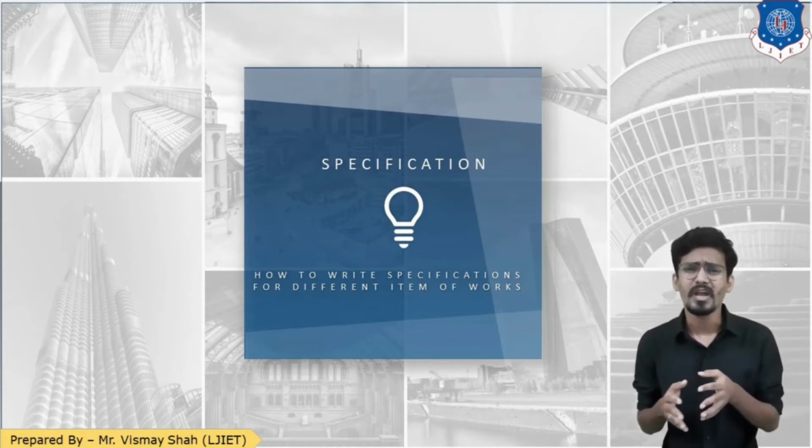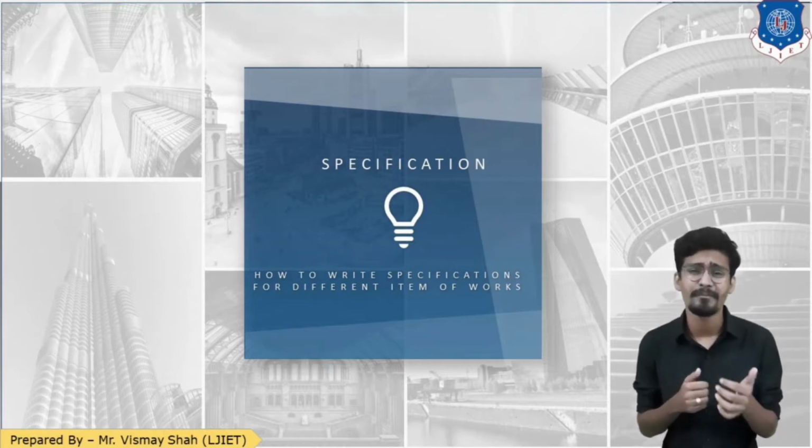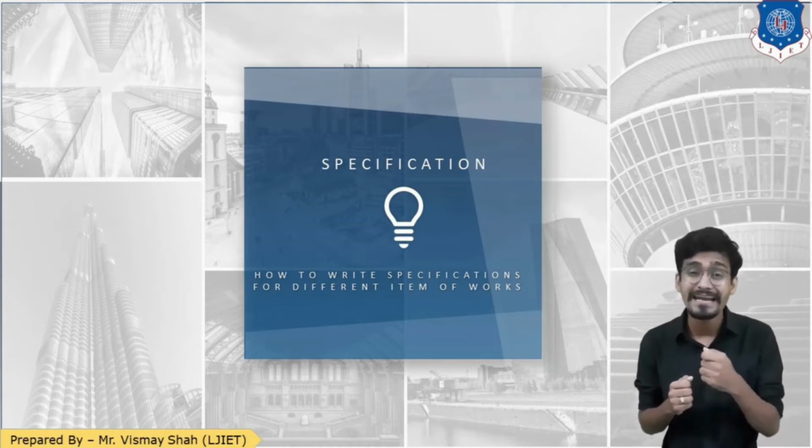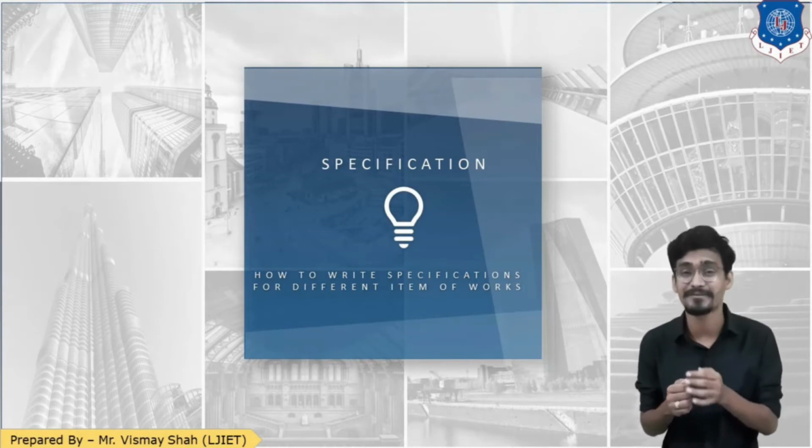I would like to make a point here that if you read the theory of importance and the purpose of specification, they are more or less the same. Only the perspective is a bit different. Importance is why the specification is important, and purpose means why we need specifications. So both theories go hand in hand, only the sentence formatting is a bit different.